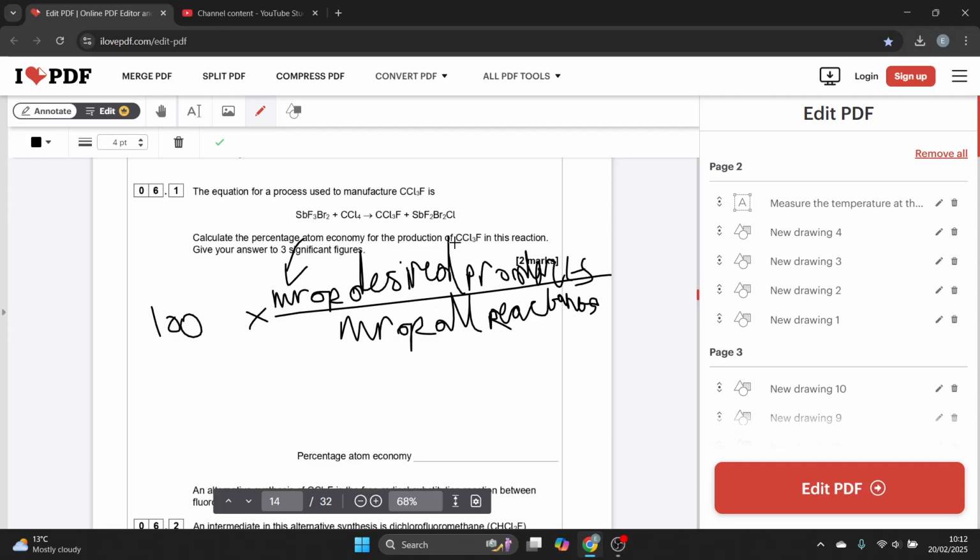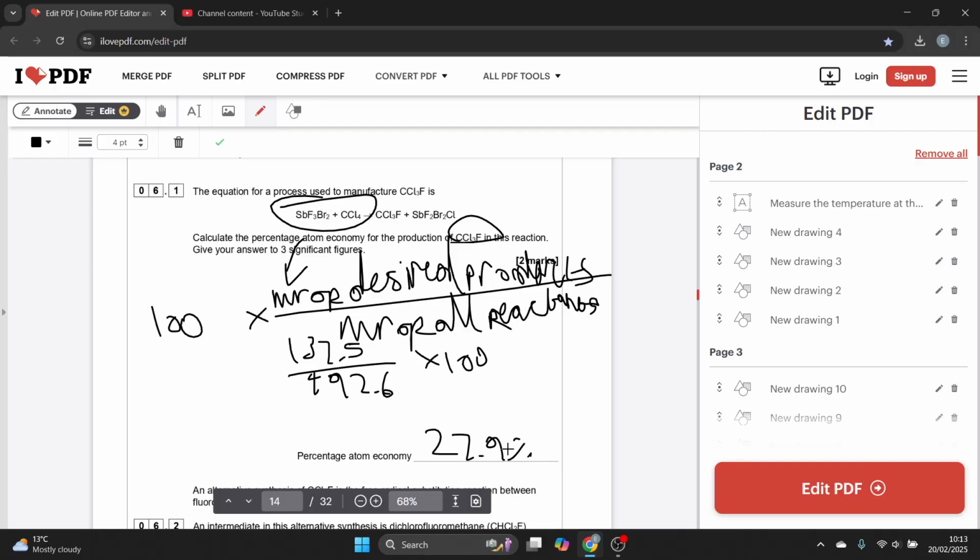So Mr of the desired product over the Mr of all reactants times 100. That's what we need to do. Working out the Mrs is probably the hardest part, because if you memorize the formula, then you already know what you're going to do, right? And if you haven't memorized it, then you're probably going to struggle. Then you get 27.9% by doing 137.5 divided by 492.6 times 100.